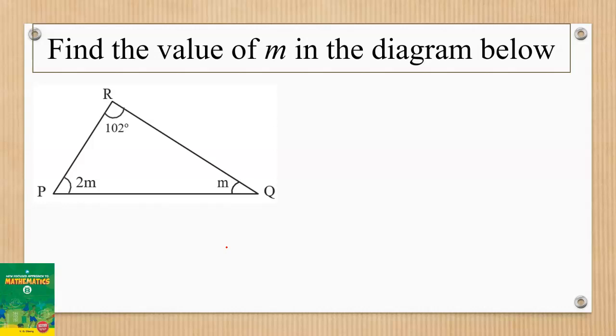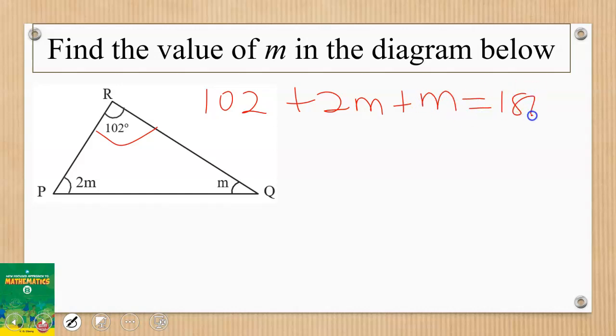Here we have to find the value of m in this triangle. So we have this angle, which is 102, plus 2m, plus m, and all should give us 180. Again, we have 102 plus 3m equals 180.